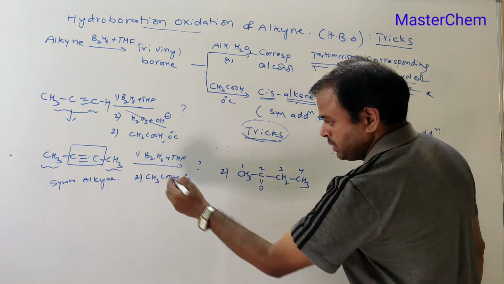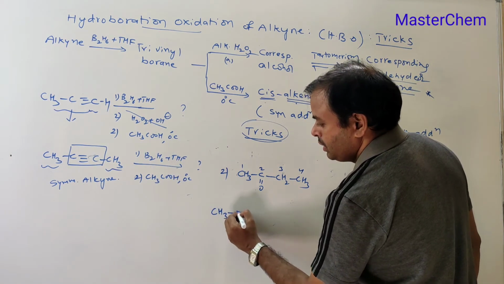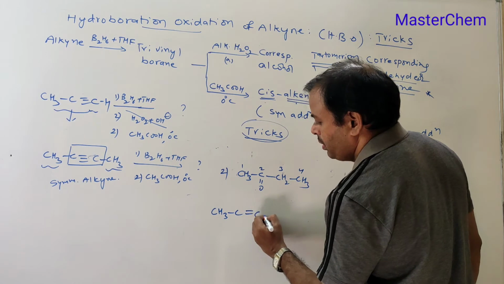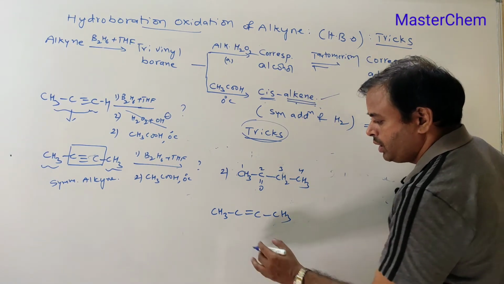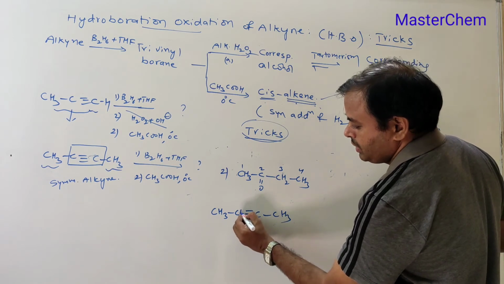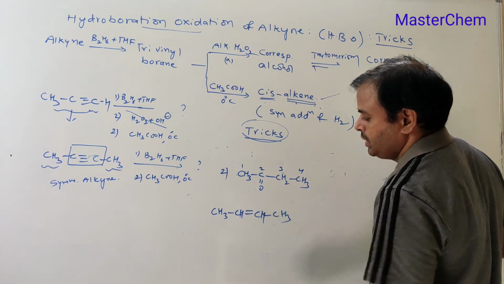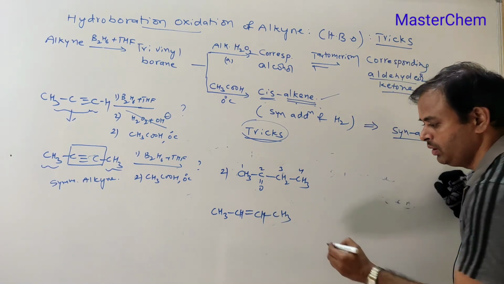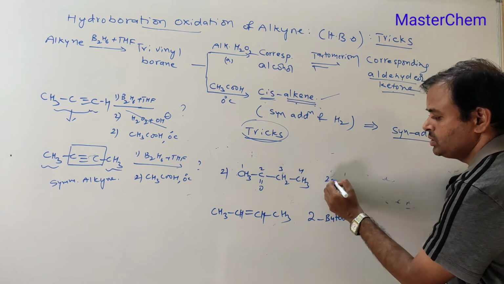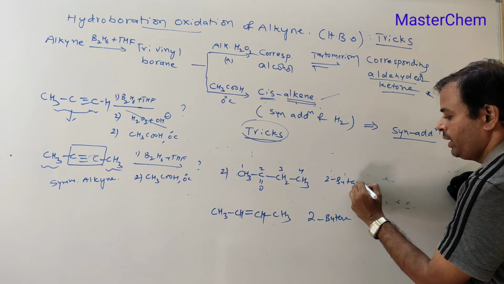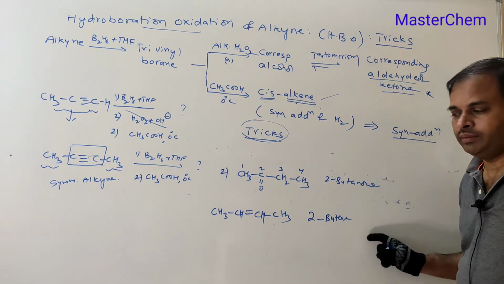So what is the corresponding alkene? Convert the triple bond into a double bond and now satisfy the valency with hydrogen atoms: CH, CH, CH3. What is this? 2-butene. This is 2-butanone and this one is 2-butene.